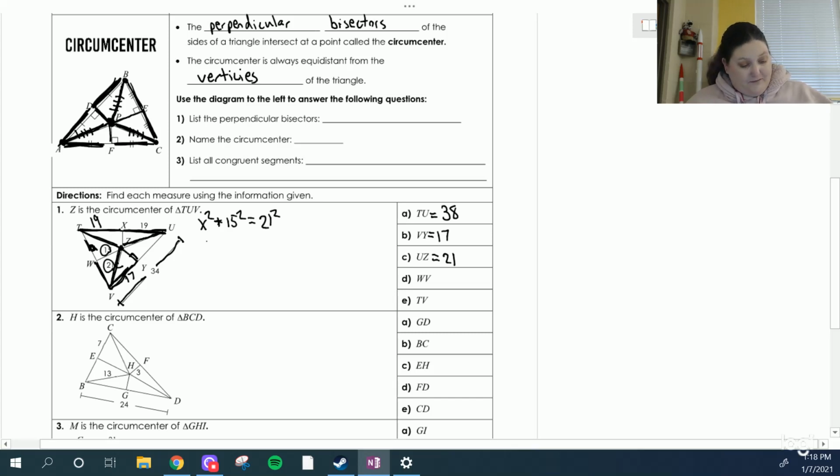So I'm going to simplify this. I get x squared plus 225 is equal to 441. I'm going to subtract 225 from both sides, and I get x to the second power equals 216. When I take the square root of that, let me double check my notes here.